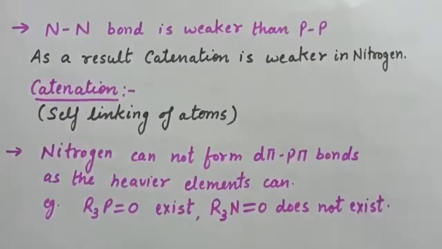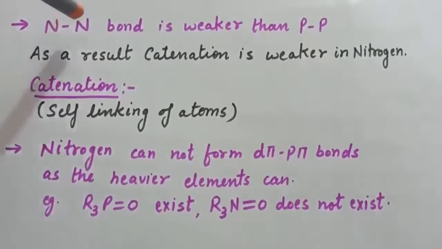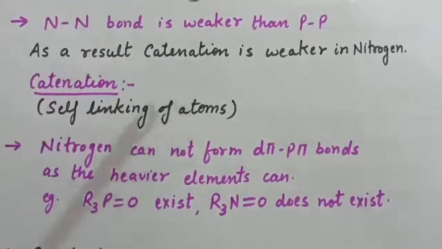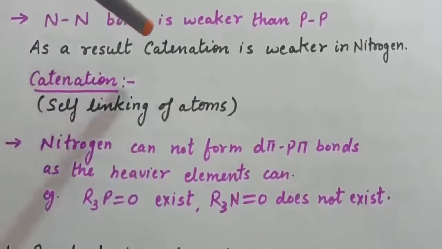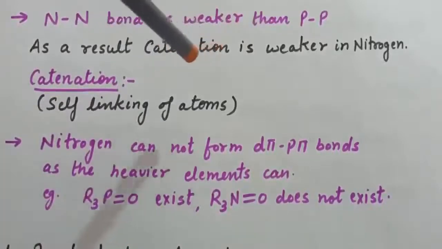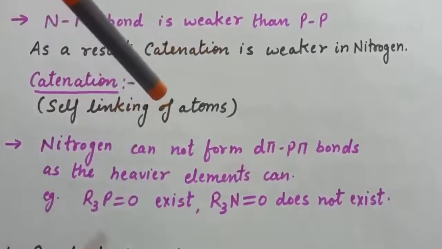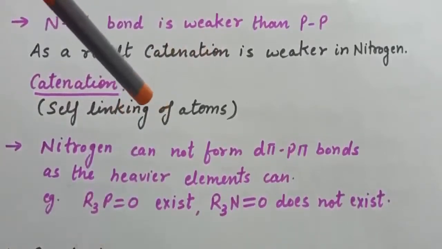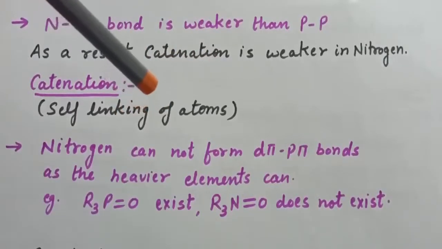Now, if we compare the stability of nitrogen-nitrogen single bond, then nitrogen-nitrogen single bond is weaker than phosphorus-phosphorus single bond. As a result, catenation is weaker in nitrogen. Now, what do we mean by catenation? Catenation is self-linking of atoms, just as we have discussed in class 11 for carbon, that it shows maximum catenation power.